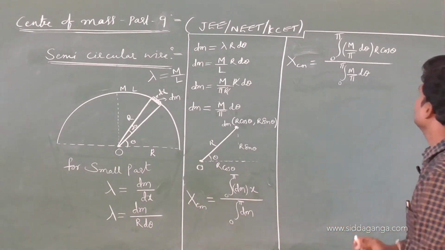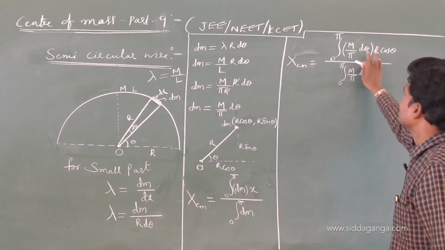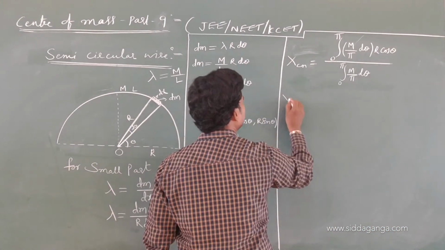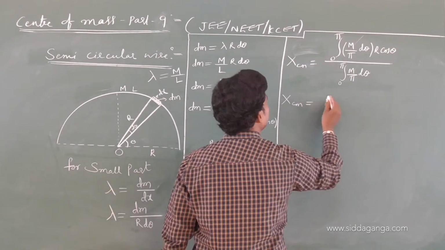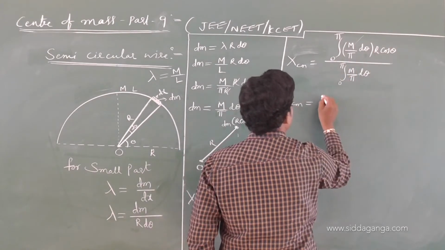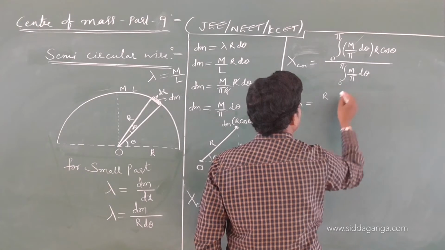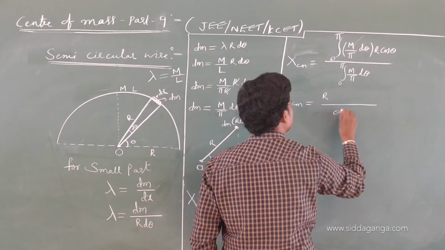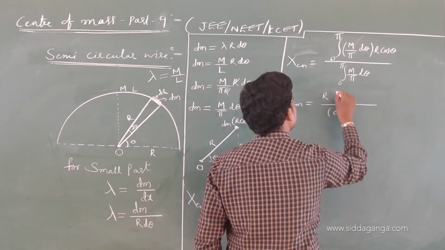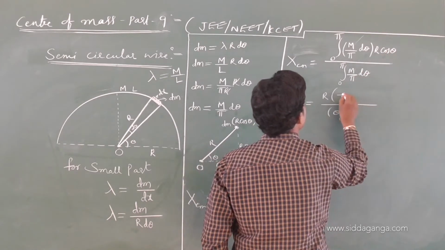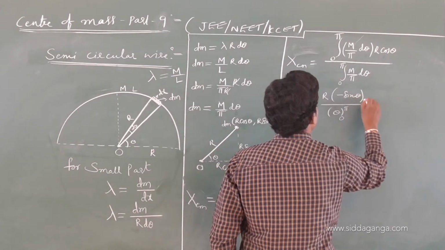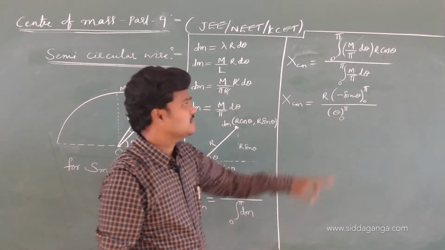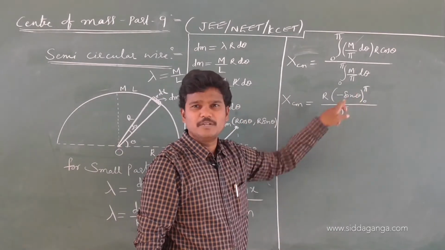So m by pi cancelled, don't cancel d theta. I think you know those basics. So xcm is the integration, you can write r outside. The integration of cos theta is sin theta, from 0 to pi. So substitute sin 180 and sin 0, upper limit minus lower limit.